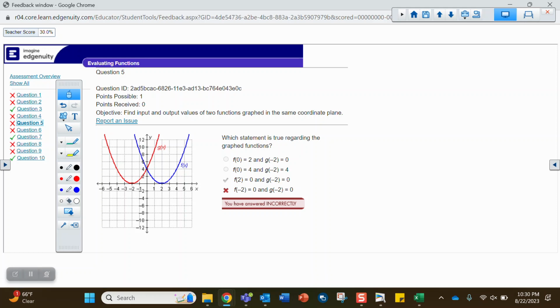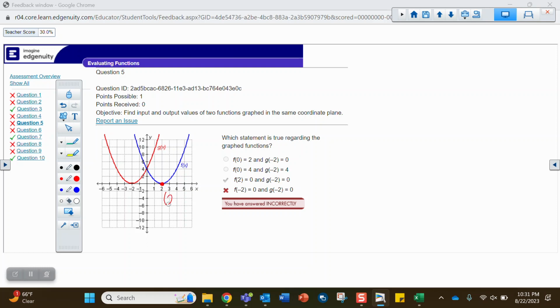Which statement is true regarding the functions? If I just look at the correct one, the blue one is f of x. The correct one says when x is 2, y is 0. So when the input is 2, the output is 0.